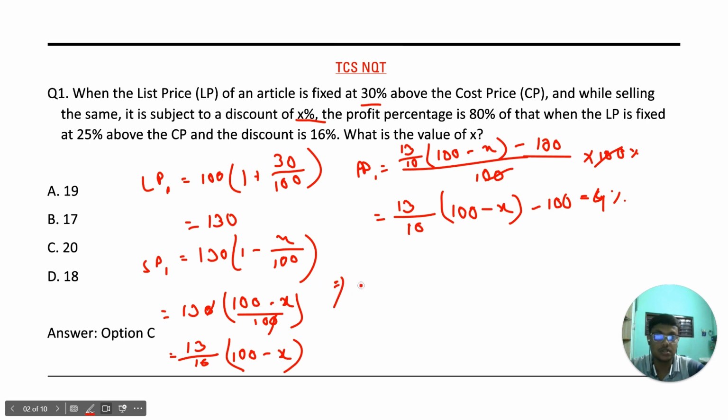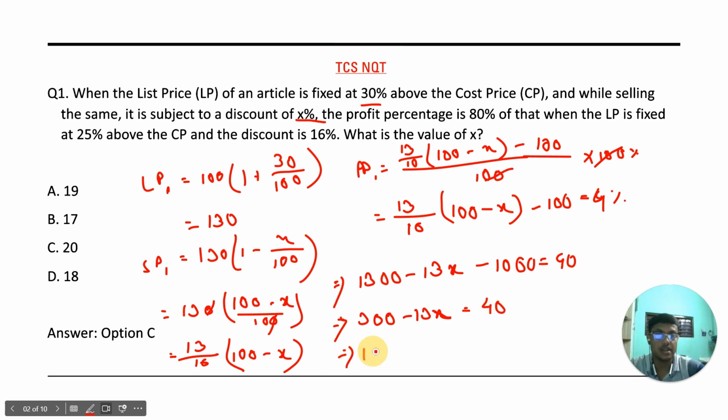Now this equals 1300 minus 13x minus 1000 equal to 40. Now we have 300 minus 13x equal to 40.